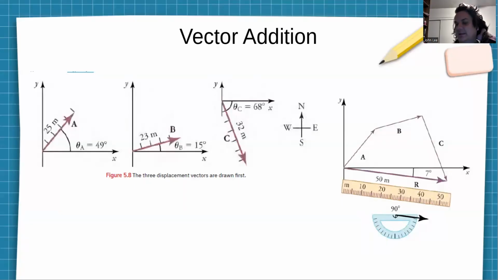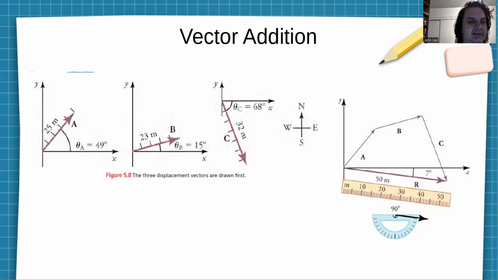So the first thing is vector addition, where if we have a sum of vectors, we're only going to do this graphically. We're not going to talk about how you do it analytically through numbers. But if you have a set of vectors such as A, B, and C, which are just arrows pointing with some magnitude in some direction.